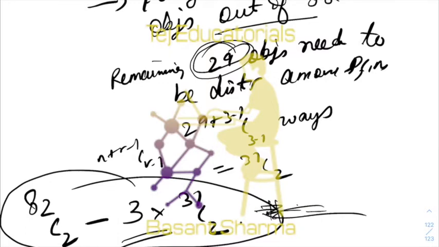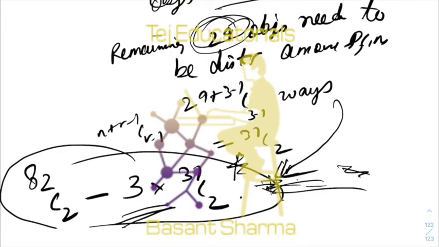But in this case it so happened that this kind of thing is not happening. But the idea is the same. You subtract this, and then you would have to add some cases because they would be subtracted more than one time, and then you will have to subtract again, all depending on the number of objects, and the number of persons you are distributing the objects to. So that is one thing.